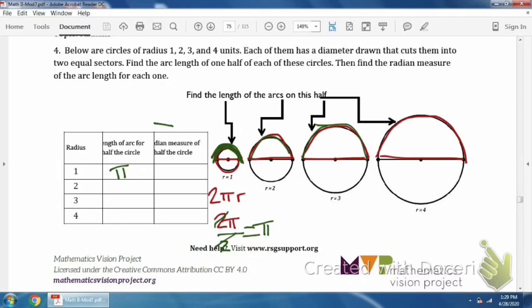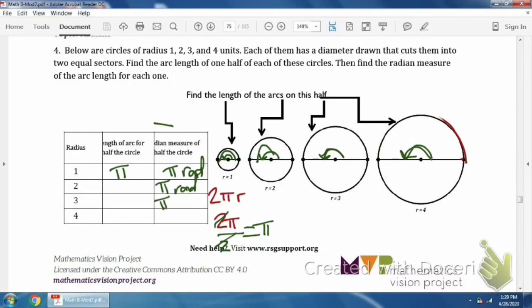But the angles are all straight lines because they're all diameters. They're all half of a turn, half of a circle. So if you think about this, they're all going to be 180 degrees, which is pi radians. Again, they're all going to be pi radians.